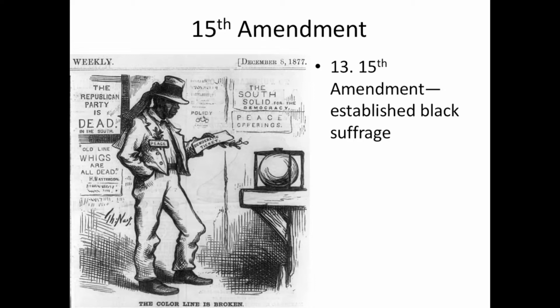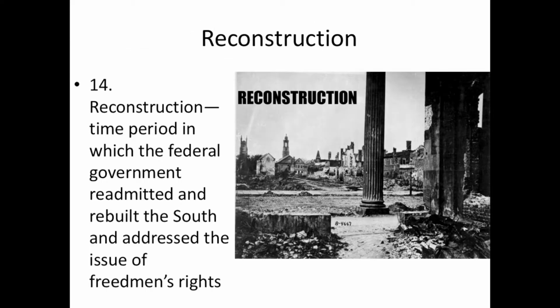And what you're going to see is that in the South, for at least a short period of time, the Republican Party, the party of Abraham Lincoln, is going to be dominant in the South, at least for a little while. Eventually, like the other amendments, the South will find a way to get around the 15th Amendment, but we'll talk about that later on.